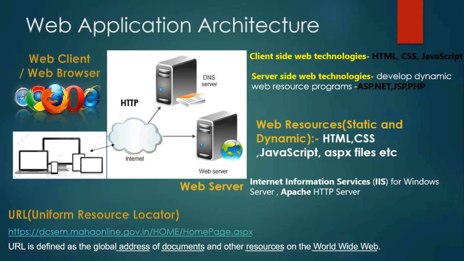So these are different dynamic resources. By using them, whatever the dynamic part is, such as the database connection, is done here, and that generates the output in the form of HTML and CSS, and then it is sent to the client. So these are the types of resources.